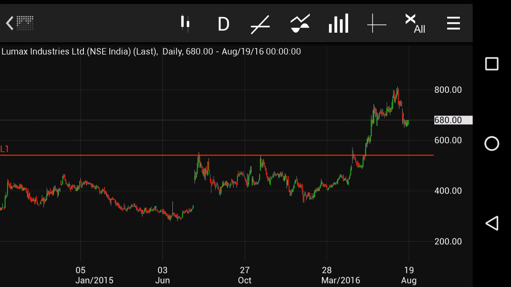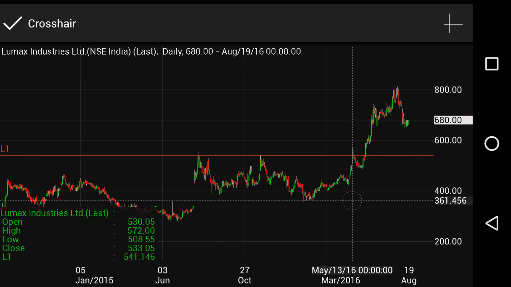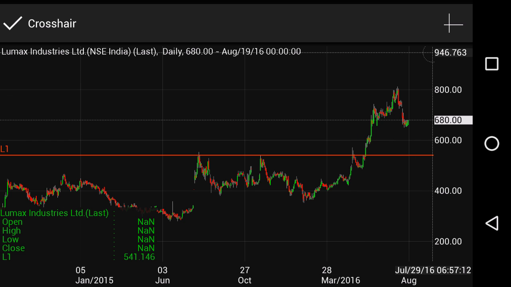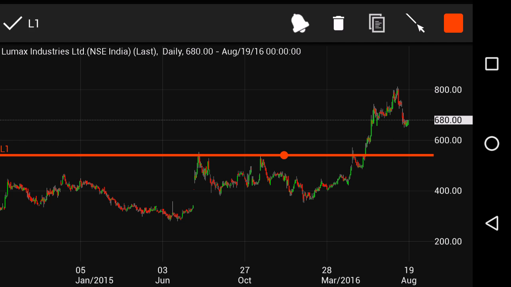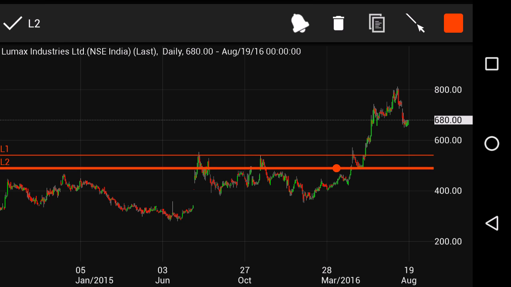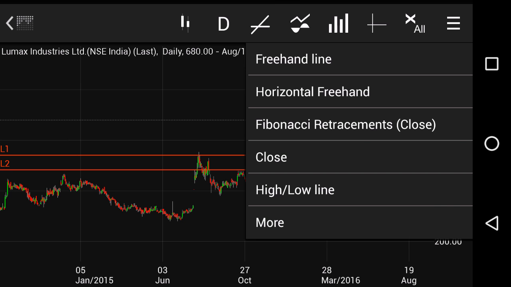It did break out first, and then again it fell back and reversed. So we got in here again when it reversed. We got in here also first. It was some news based move. It was on upper circuit, and then it fell back around these levels. So here also the stock had good supports, so we added again back here, and it held the supports and bounced very sharply and continued to go up.